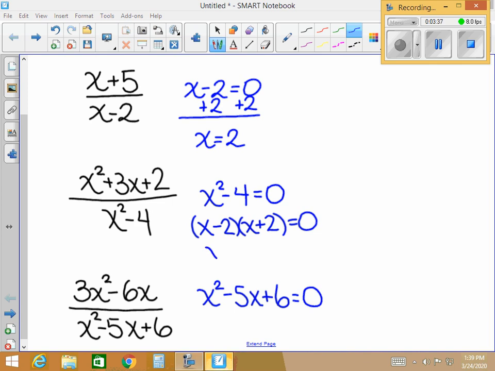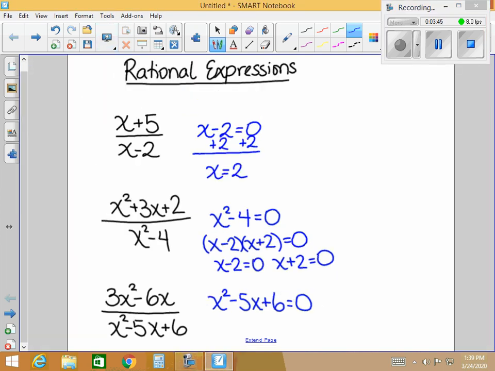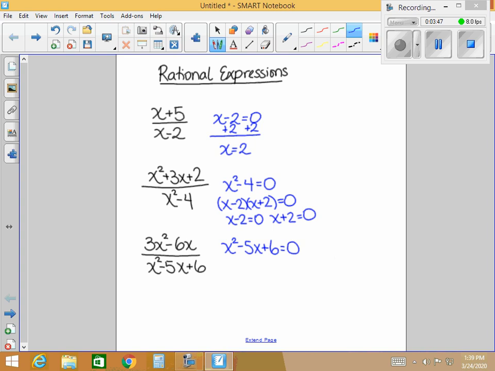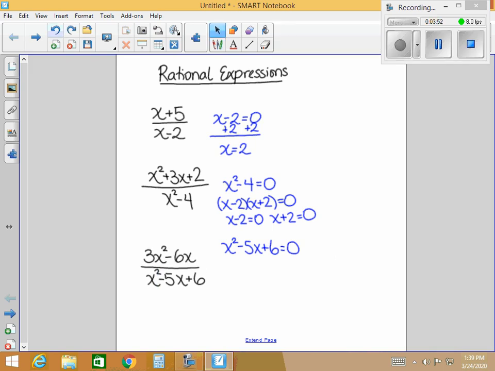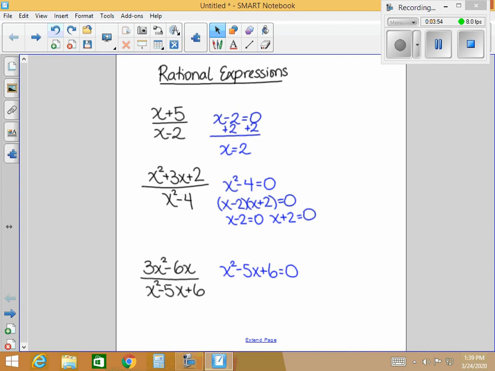Once I'm here, I set each factor equal to 0, and then I solve for x. So my two solutions here are positive 2 and negative 2, if I add 2 to both sides or subtract 2 from both sides.